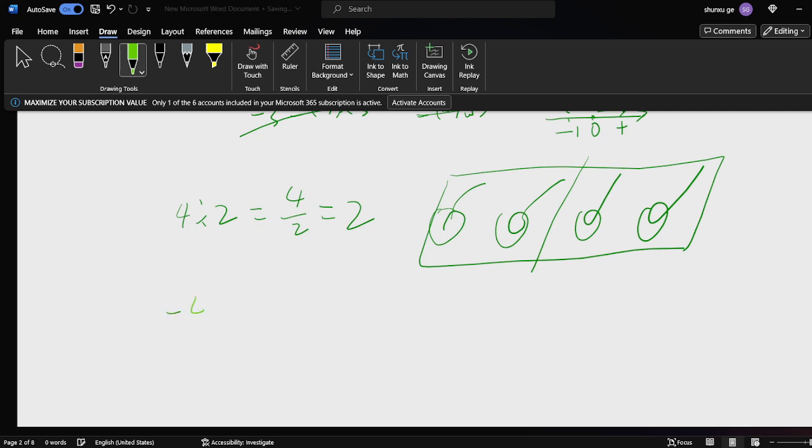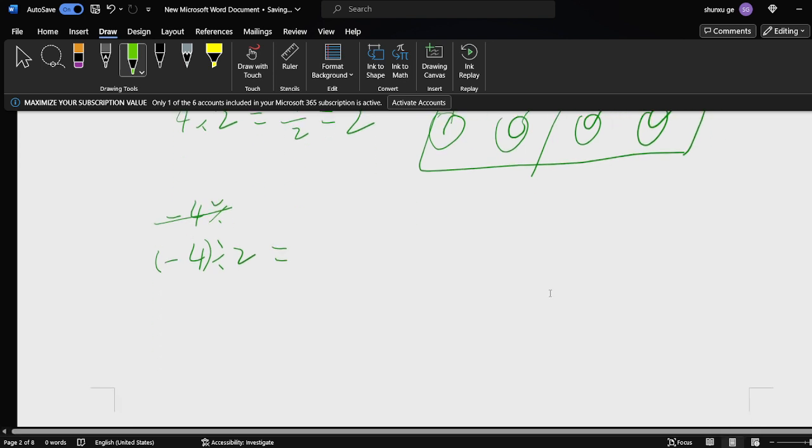What does this mean? Negative 4 divided by 2. Negative 4 divided by 2. What does this mean? For example, you have debt.